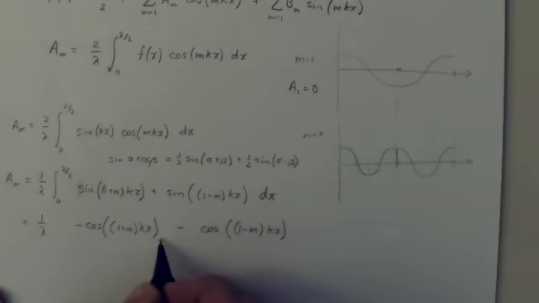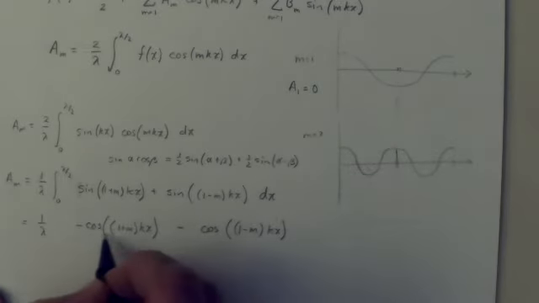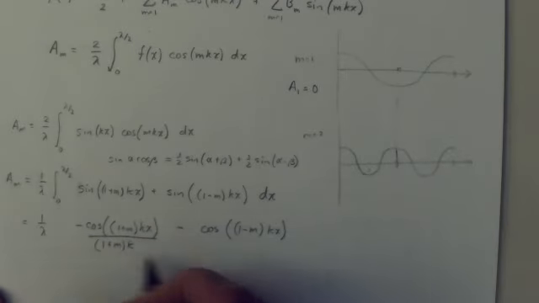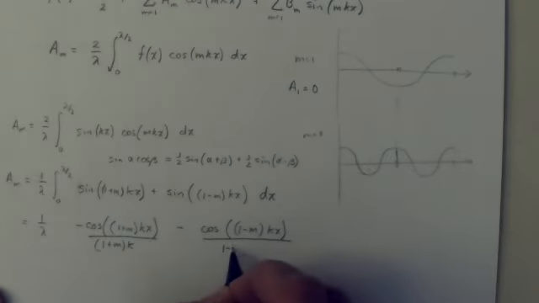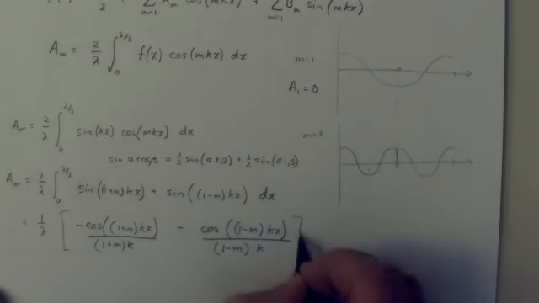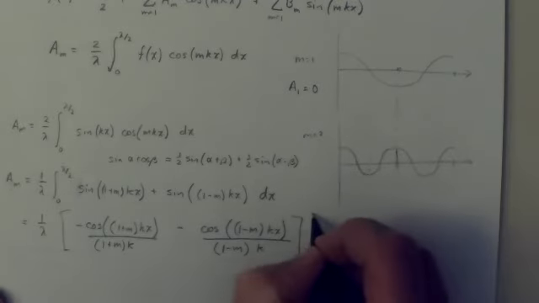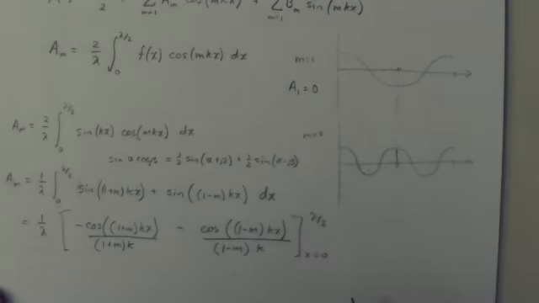I have to divide then by 1 plus m times k, and over here would be 1 minus m times k. And then evaluate all of that, where x goes from 0 to lambda over 2.